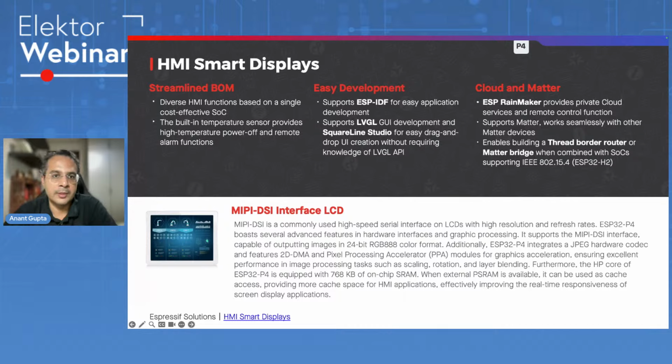Then we have a lot of diverse functions for the MIPI interface. P4 integrates the JPEG hardware codec as well as the 2D DMA, so we have all those accelerations already available as part of this framework. And then we have external PSRAM to support larger buffers. So overall, it can be used to drive a lot of displays.